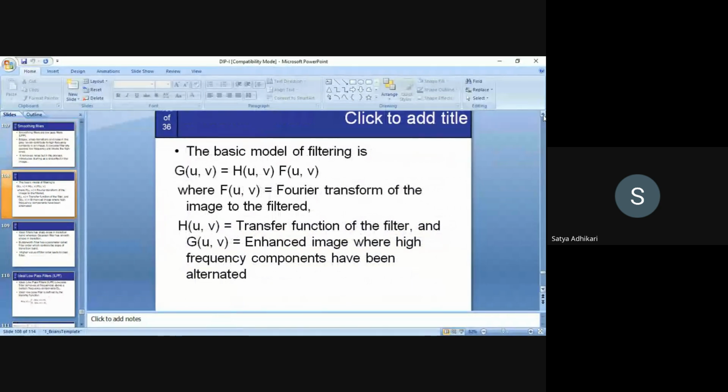The basic model of filtering is G(u,v) = H(u,v) F(u,v), where F(u,v) is the Fourier transform, H(u,v) is the transfer function of the filter, and G(u,v) is the enhanced image in which high frequency components have been altered.